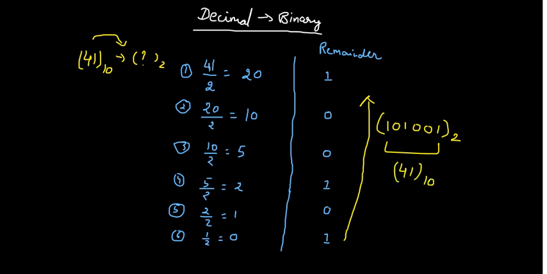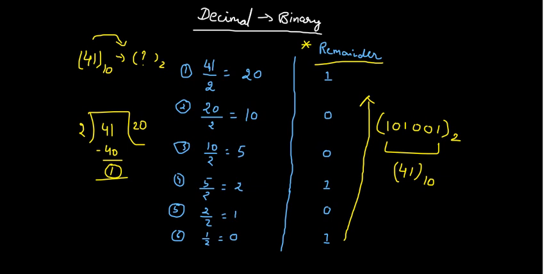So now I think you have understood the concept. There are just two things. First, you need to divide like the traditional division that we do in our junior classes, like 41 divided by 2, which is 20, remainder 1. We are just writing the remainder in a separate place, like in here.